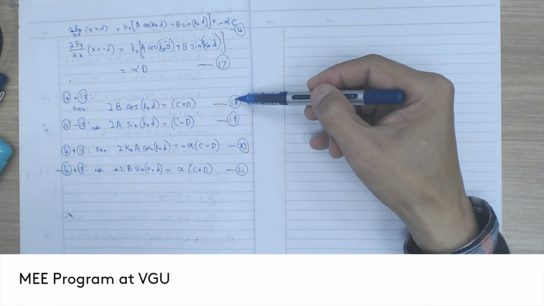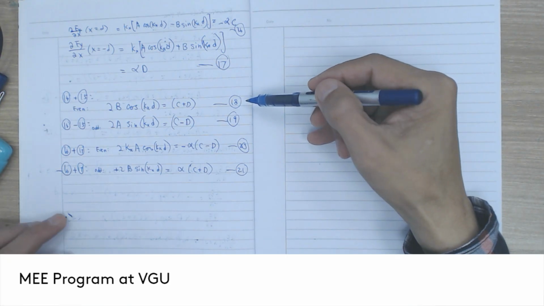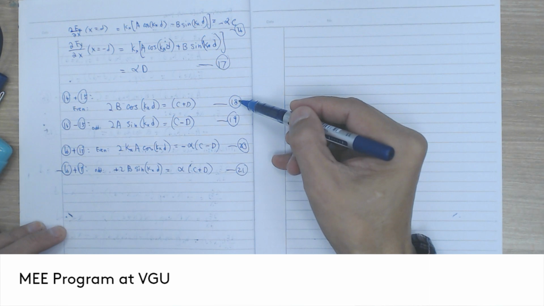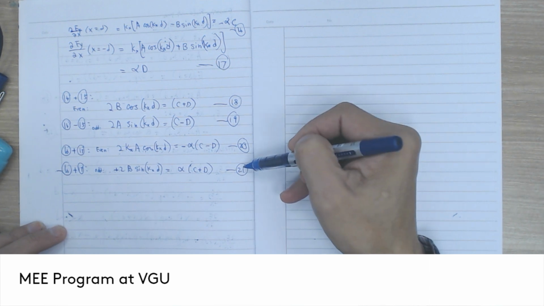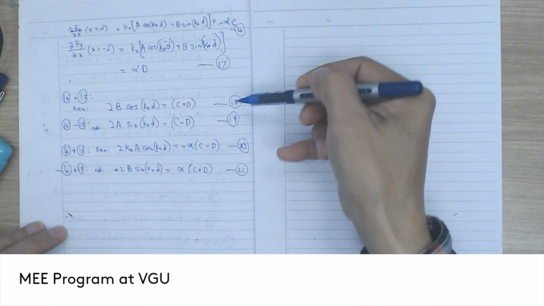Now let's combine the even mode and odd mode. So what I'm going to do is take equation 18 and equation 21. We have got this equation. Either way we'll do it.